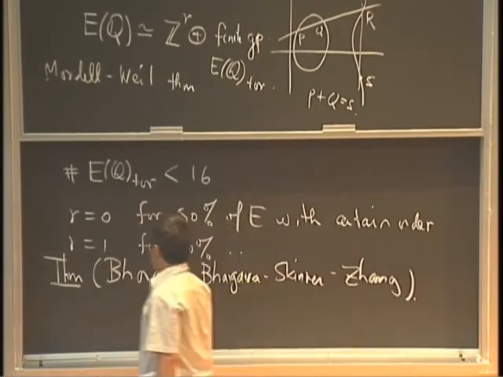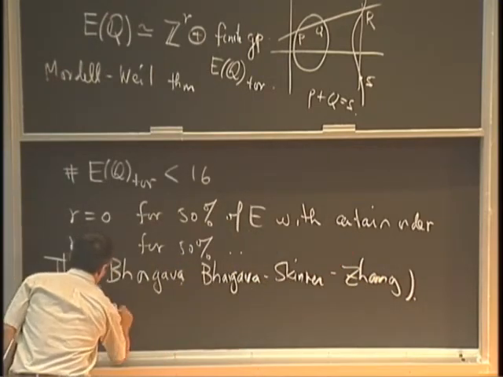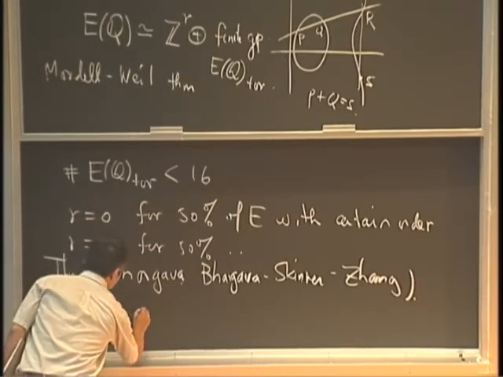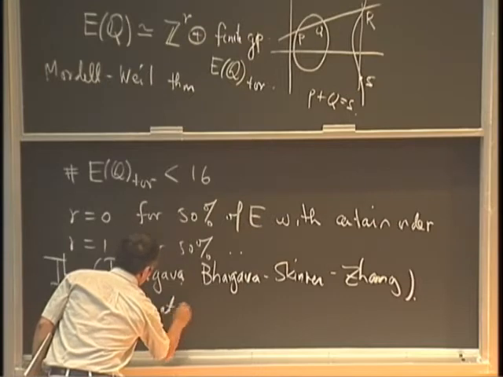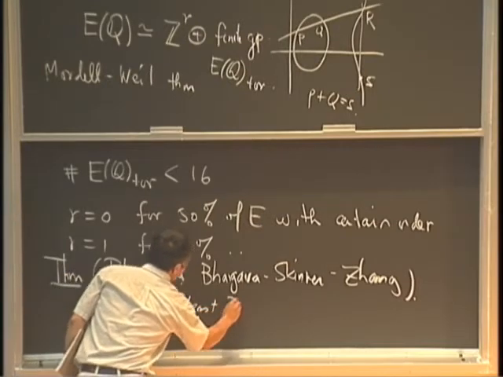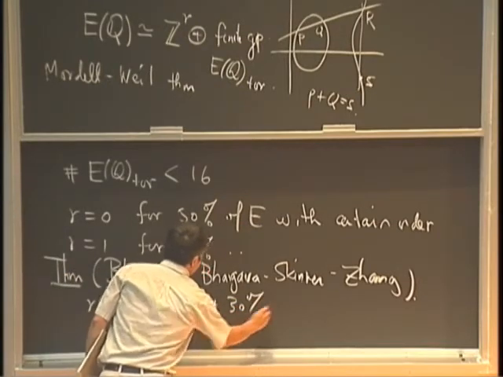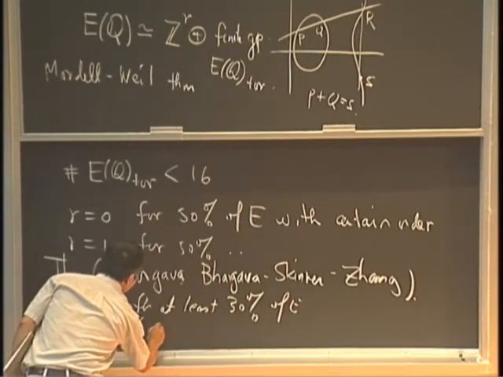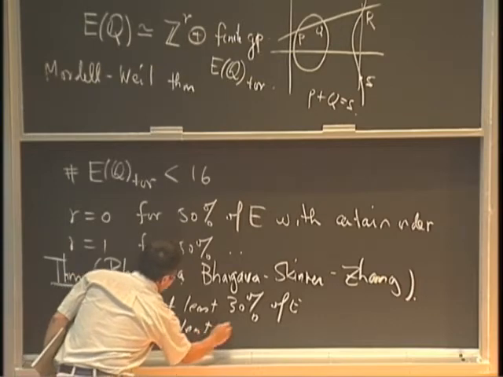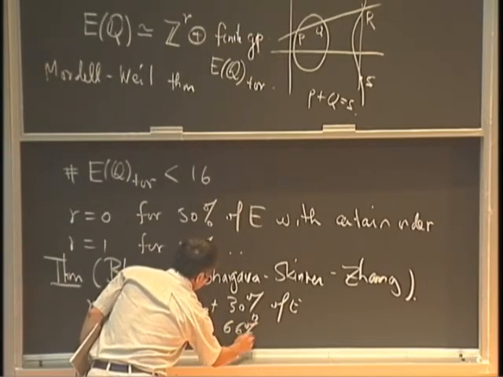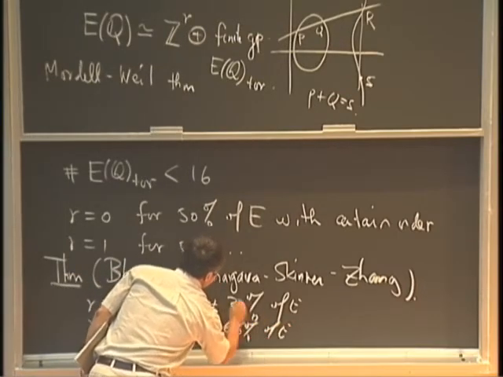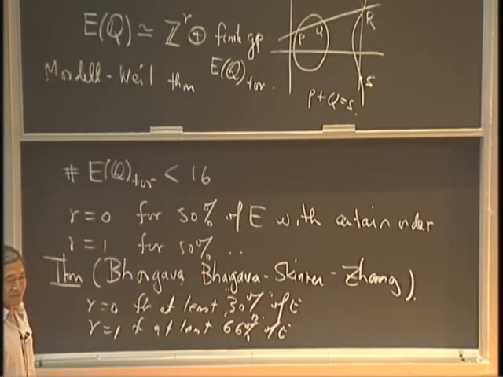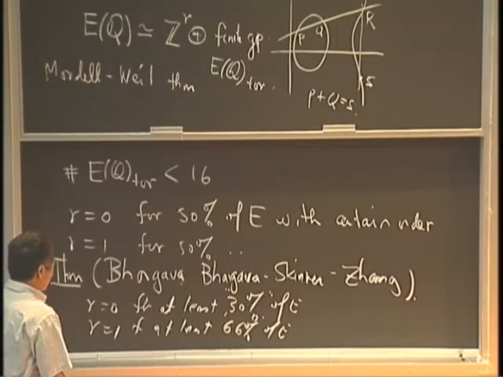This actually is true for R equals 0 for at least, I guess, maybe 30% of E, and R equals 1 for at least 60% of E. I don't know what exactly this number is, but anyway, it's a pretty big positive proportion.